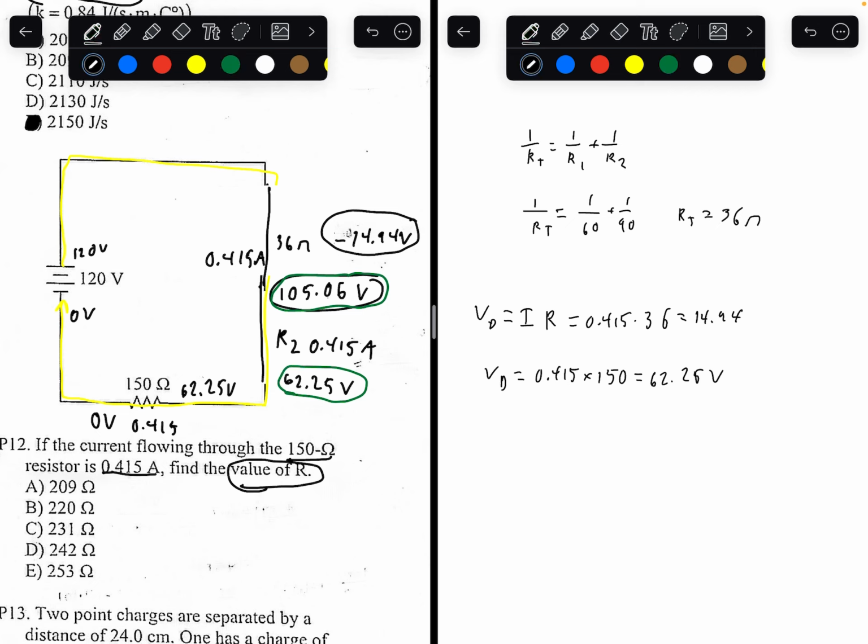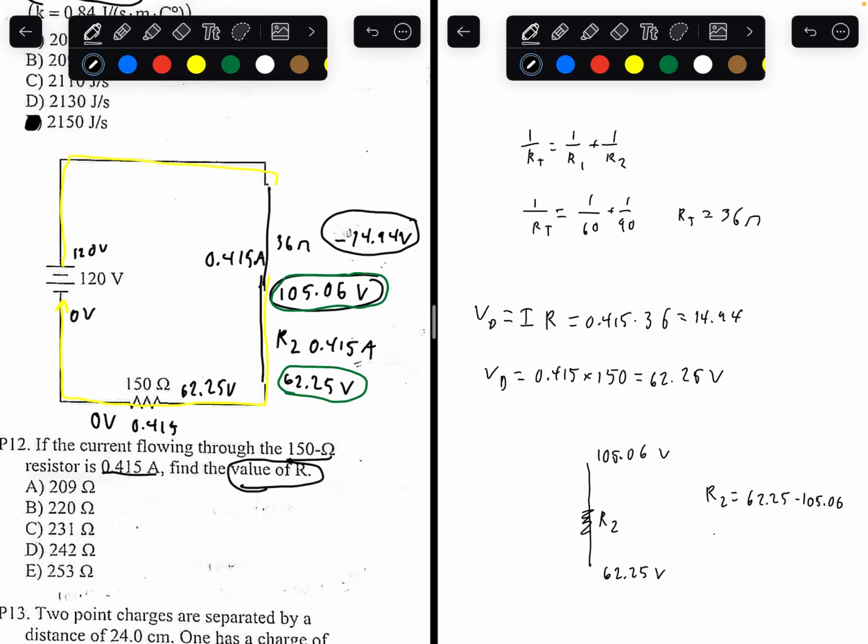What does this mean? Let's draw this. This resistor is R2. Initially, the voltage was 105.06 volts. At the end, it's 62.25 volts. So what is the voltage drop of R2? Well, you just subtract the two: 62.25 minus 105.06.